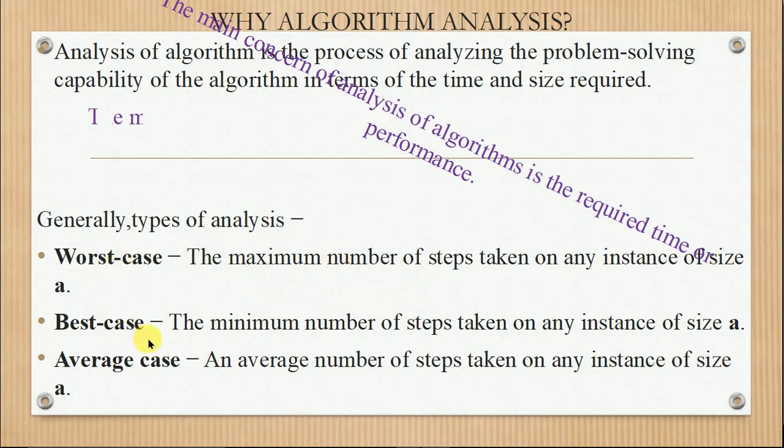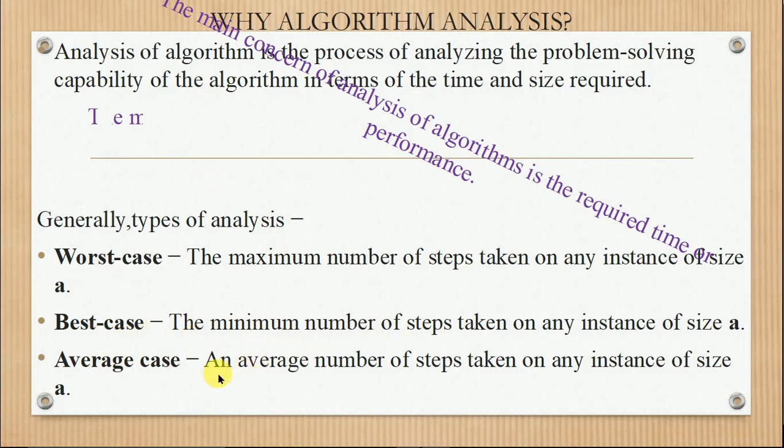For the best case, in the same list, if I am searching for an element that occurs as the first element, the comparison will be successful, then I execute the loop only one time and stop my execution because I got the element I was searching for. No need to go until the end. That is the best case.